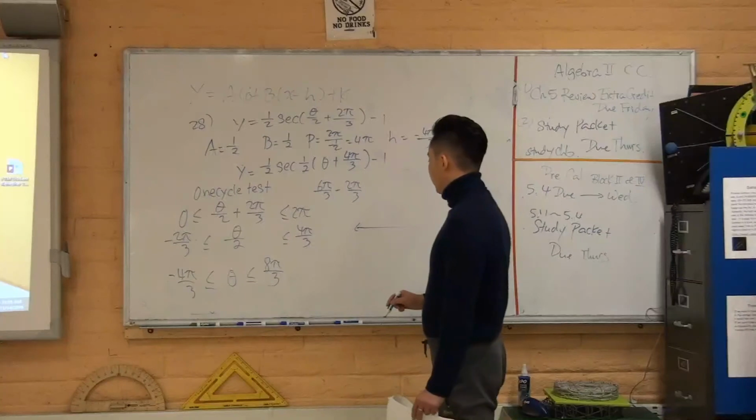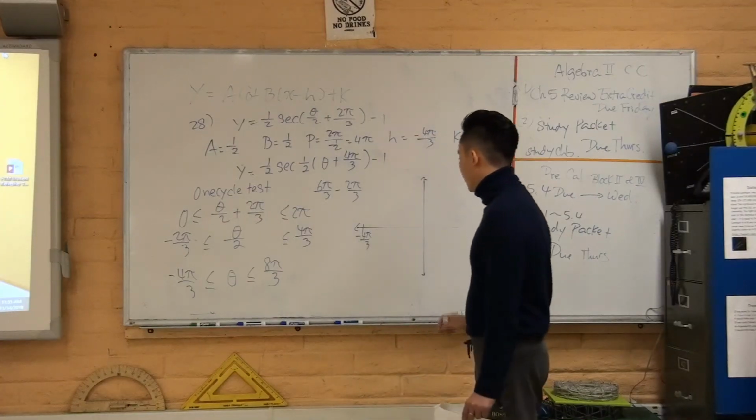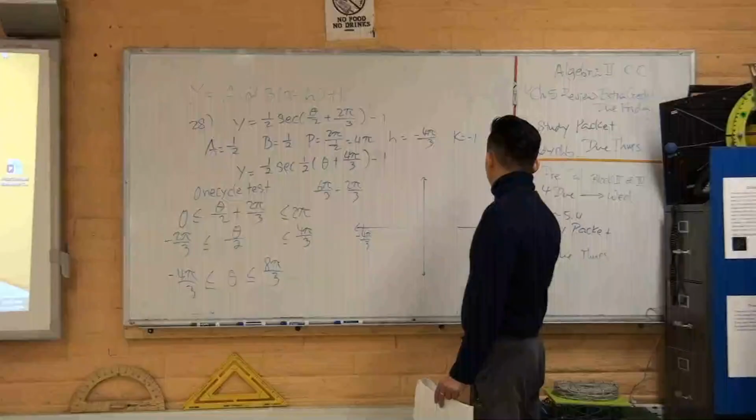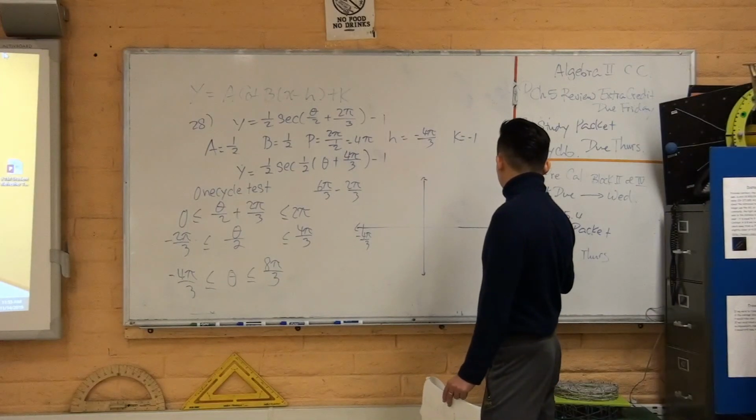And now let's start with the graph, and all the way over here, 8 pi over 3. That's the midpoint right between.